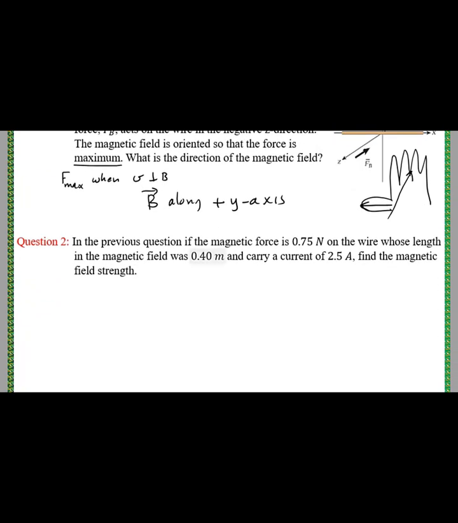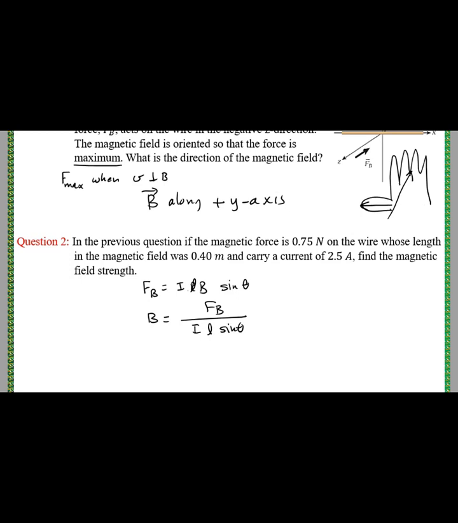In the previous question, if the magnetic force is given and the wire whose length is given is carrying a current, find the magnetic field strength. FB equals I L B sine theta. So B, the unknown, is FB over I L sine theta.